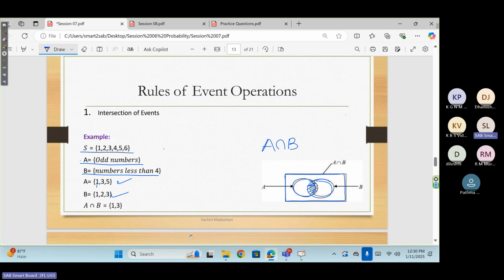Looking at these two events, what are the common elements? 1 and 3. So 1 and 3 are the elements in the intersection. A intersection B is 1 and 3. Now clear? Then we move into the next one.